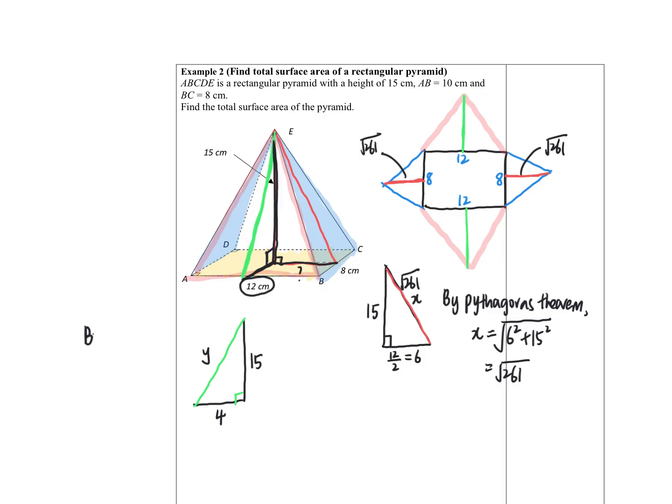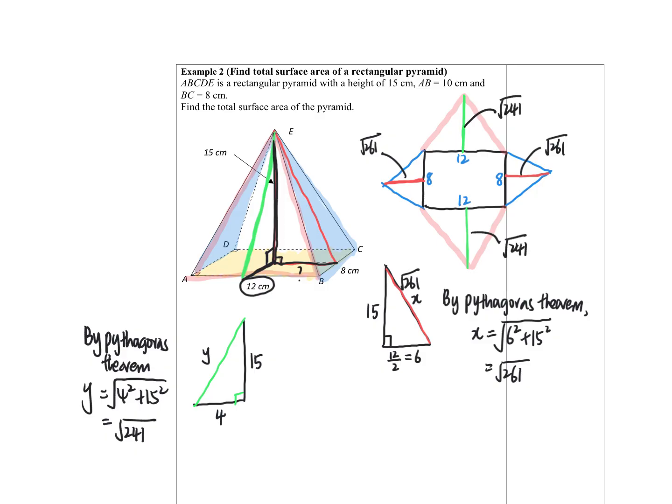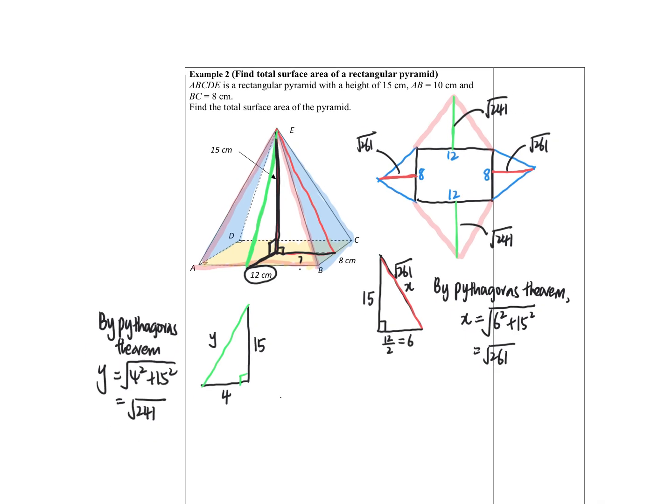By Pythagoras theorem, y is square root of 4 squared plus 15 squared. So you need to do Pythagoras theorem 2 times if you have a rectangular base. So it's square root 241. So this length here is square root 241.